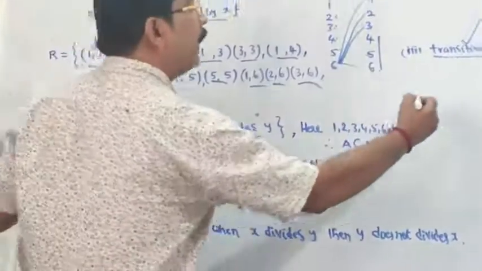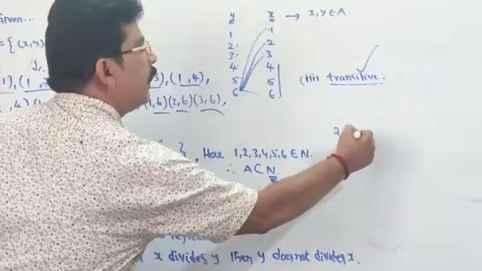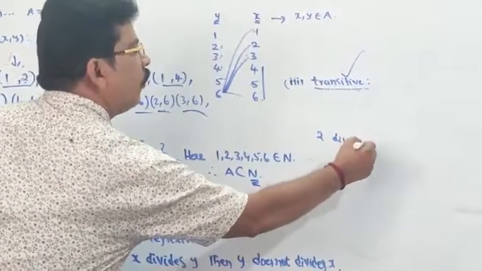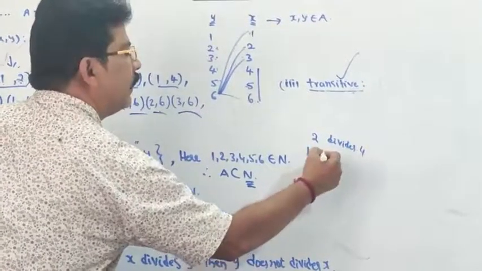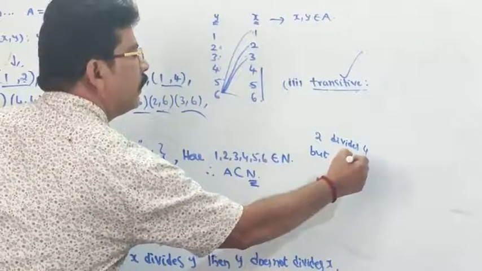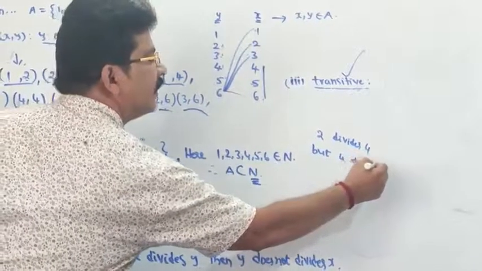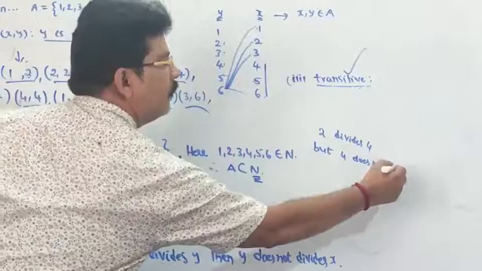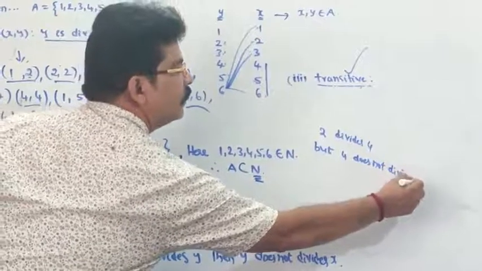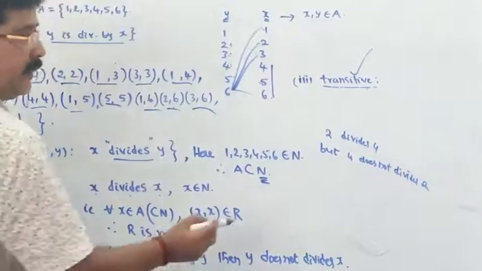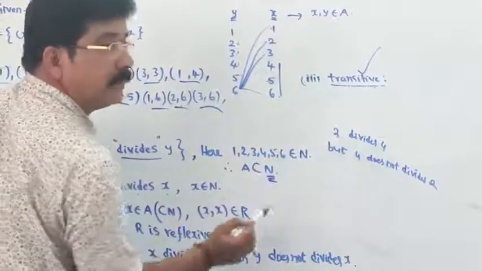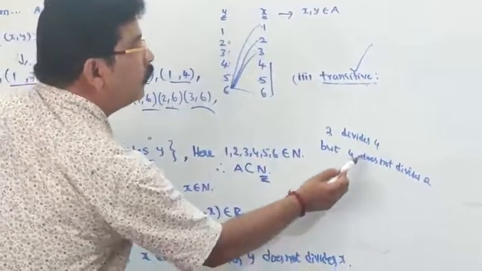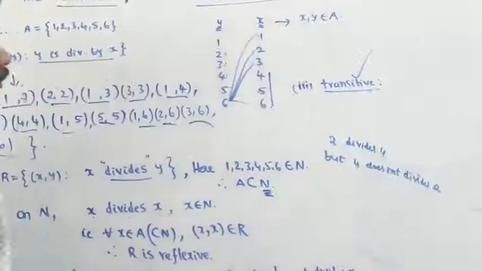Example, 2 divides 4, but 4 does not divide 2. That means 4 is divisible by 2, but 2 is not divisible by 4.